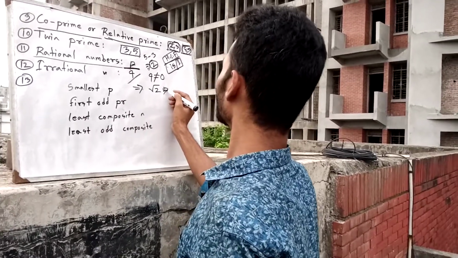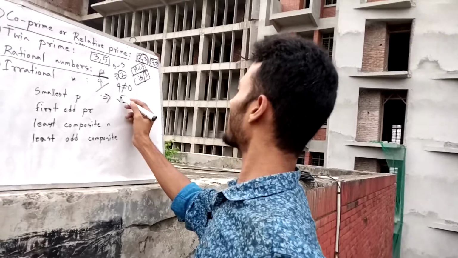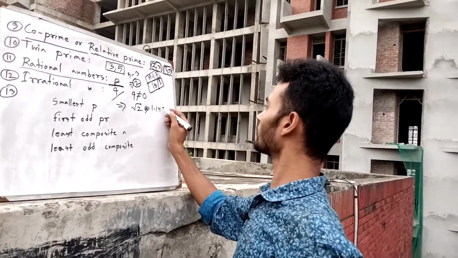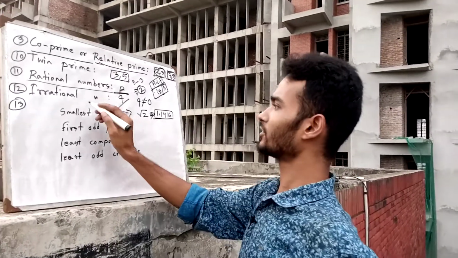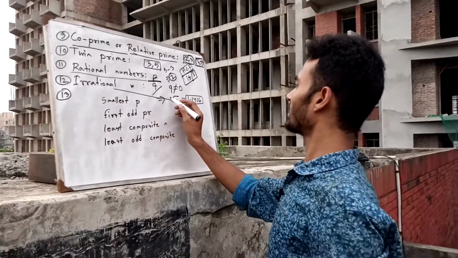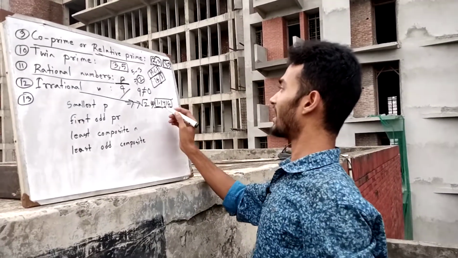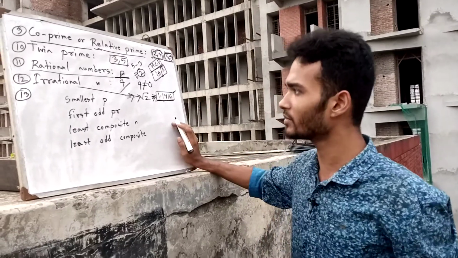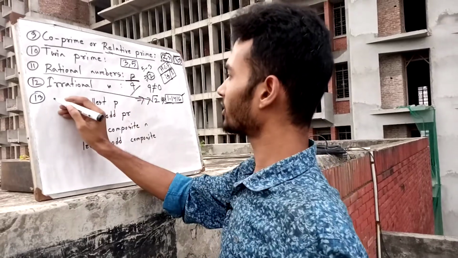Whenever we put 2 and press the square root on our calculator, we find 1.4142 and so on, and the number goes on. So an irrational number is non-terminating and non-repeating.